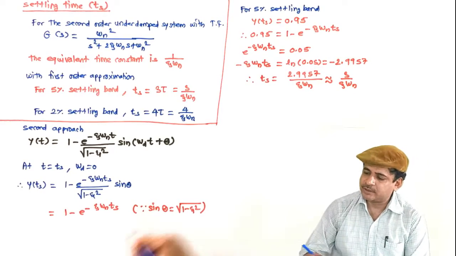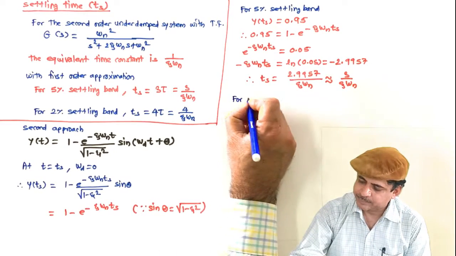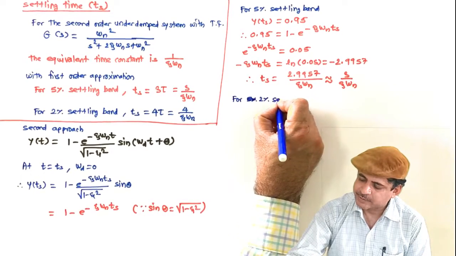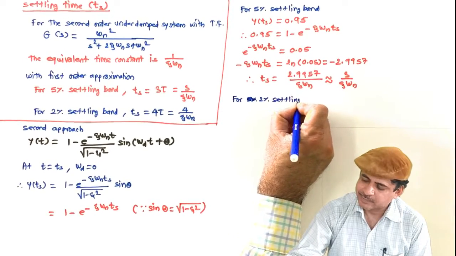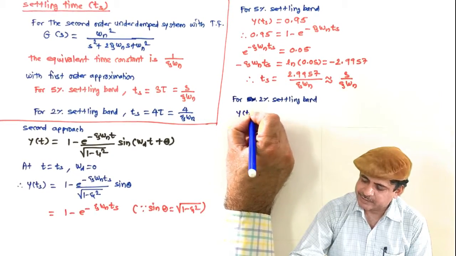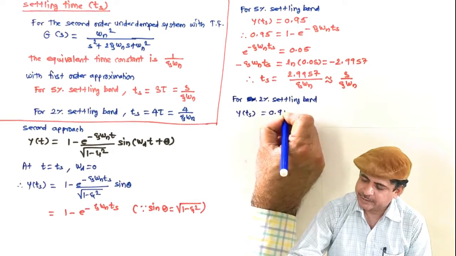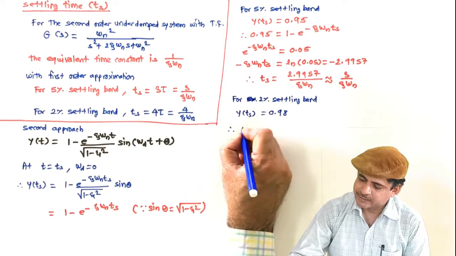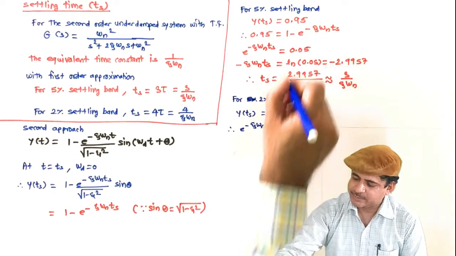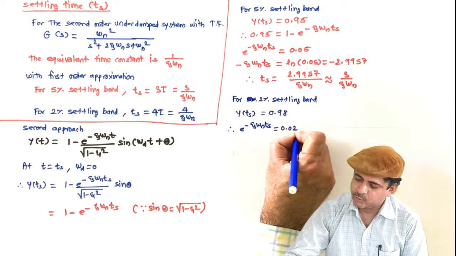And then for 2% settling band, y(Ts) is equal to 0.98, and hence e raised to minus zeta omega n Ts, if we do the same thing, is 0.02.